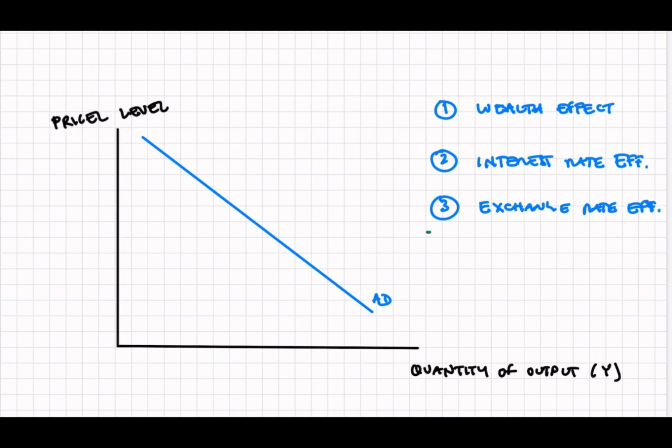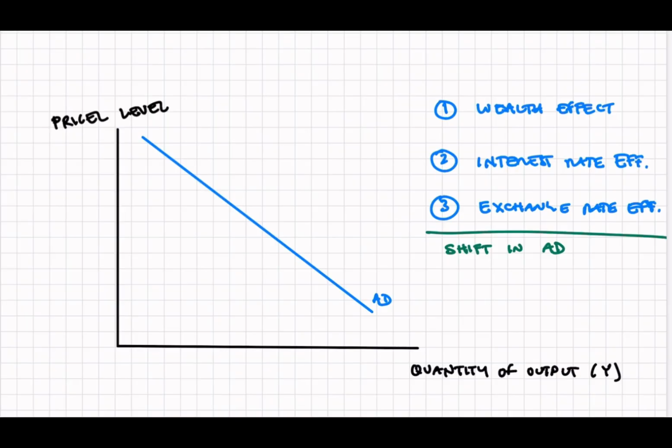Now let's talk about what might cause a shift in aggregate demand, meaning what would actually cause the aggregate demand curve to shift, either left or right. Well, let's assume that one example might be that consumers' preferences or expectations might change.